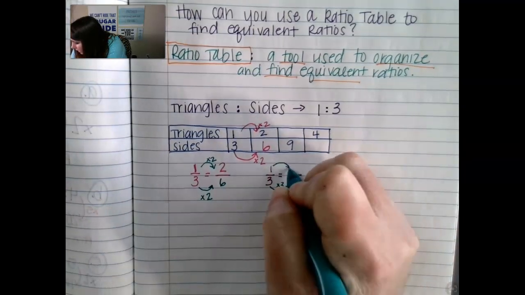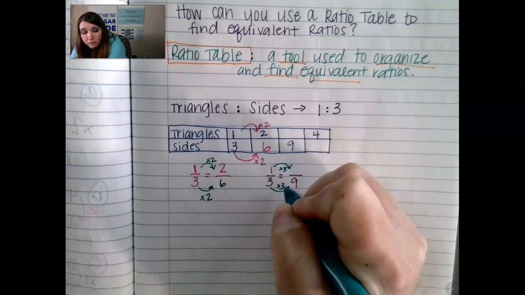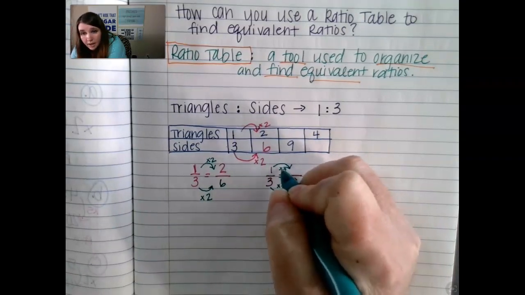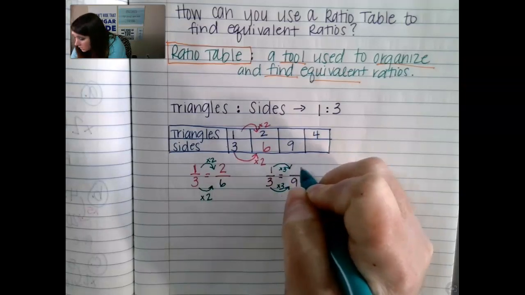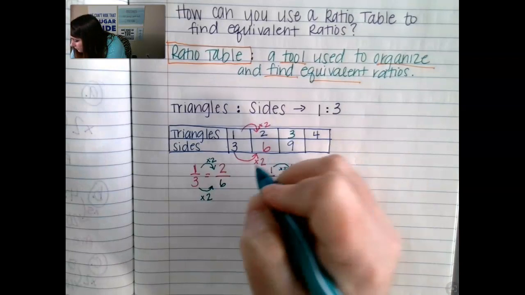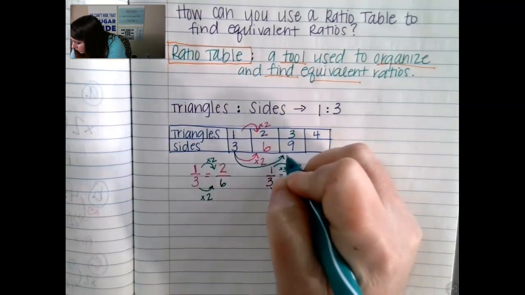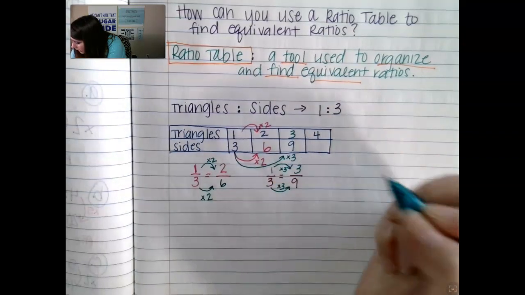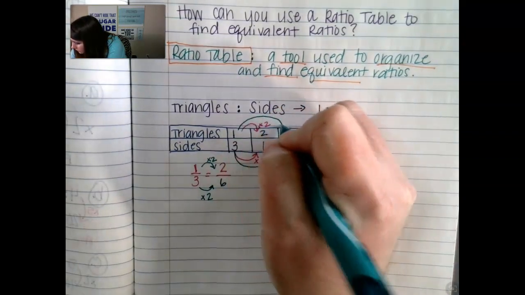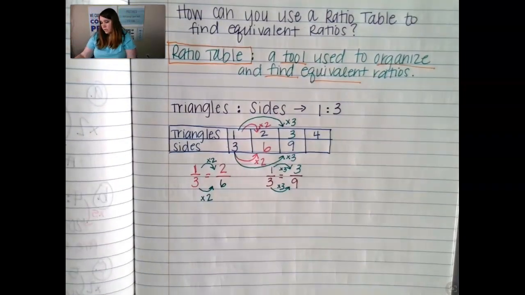So on the top, I also have to multiply by 3 to keep it equivalent. So 1 times 3 equals 3. So in the box, I put a 3 because 3 times 3 equals 9, and 1 times 3 equals 3.